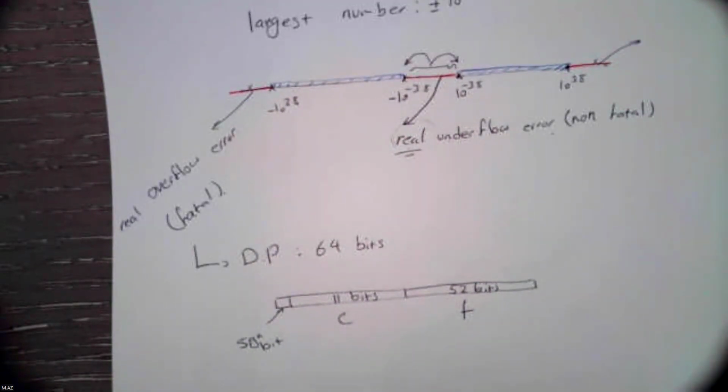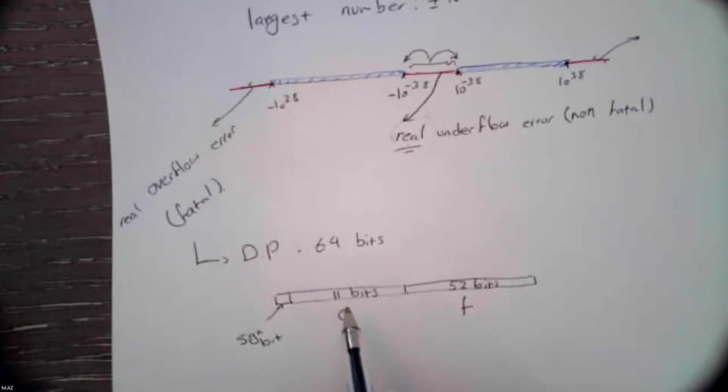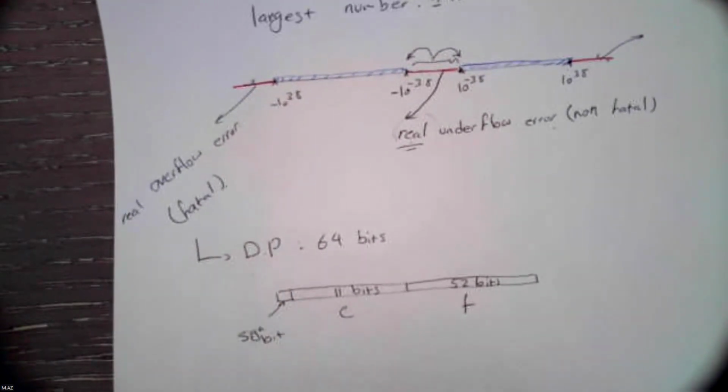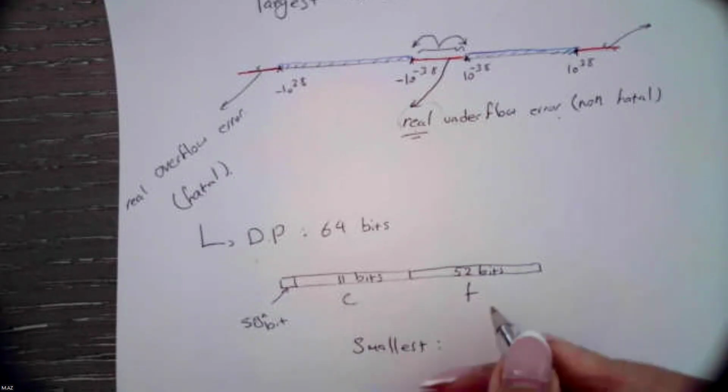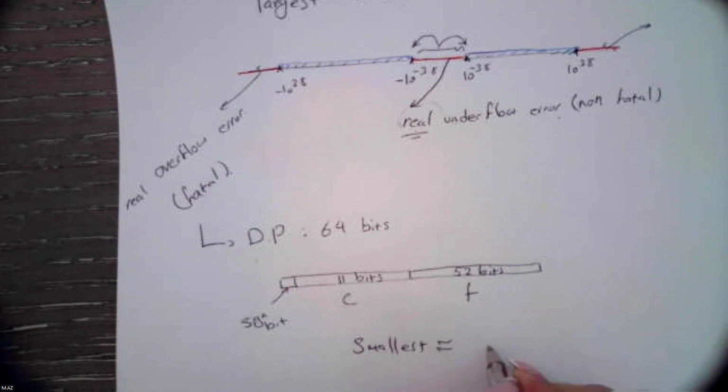The smallest number that we can store for the double precision corresponds to 0 in all bits in the characteristic and mantissa, and is approximately plus or minus 10 to the minus 308.